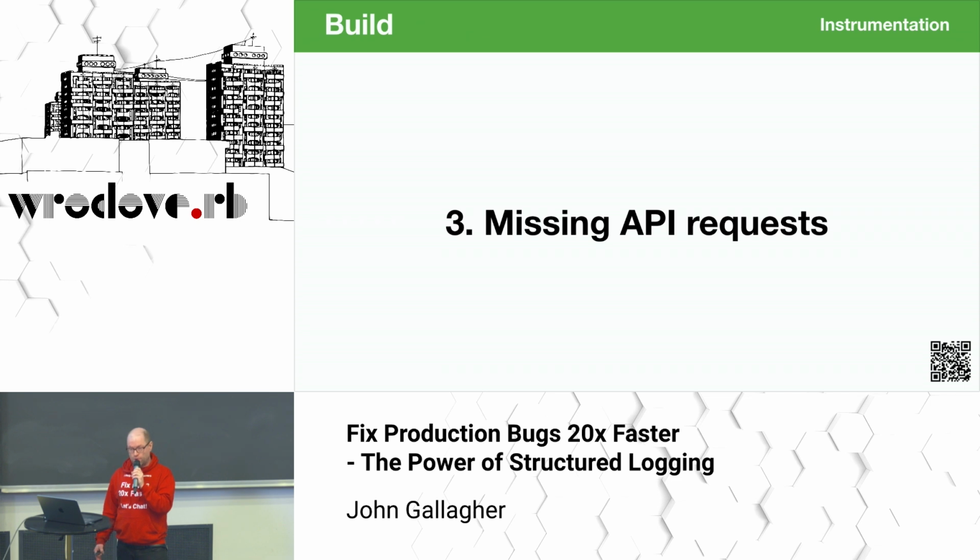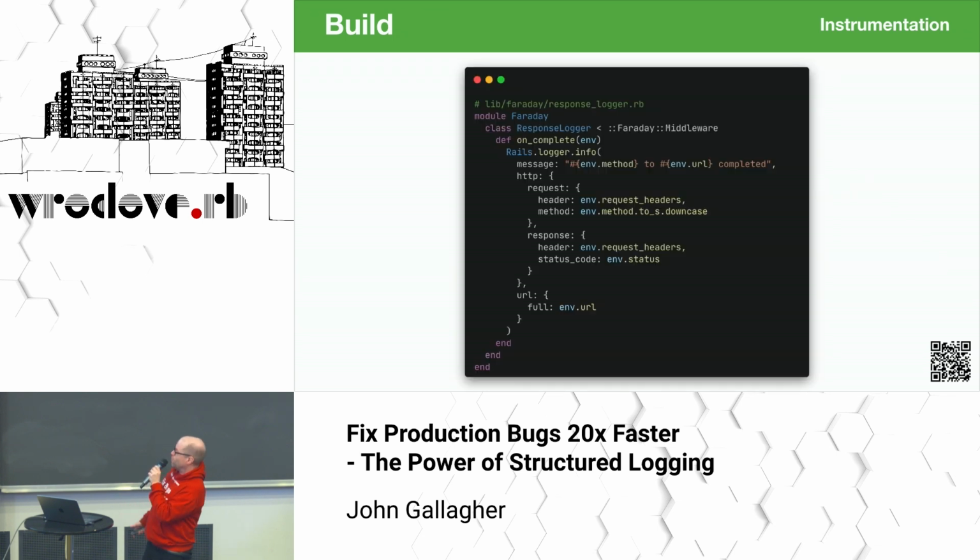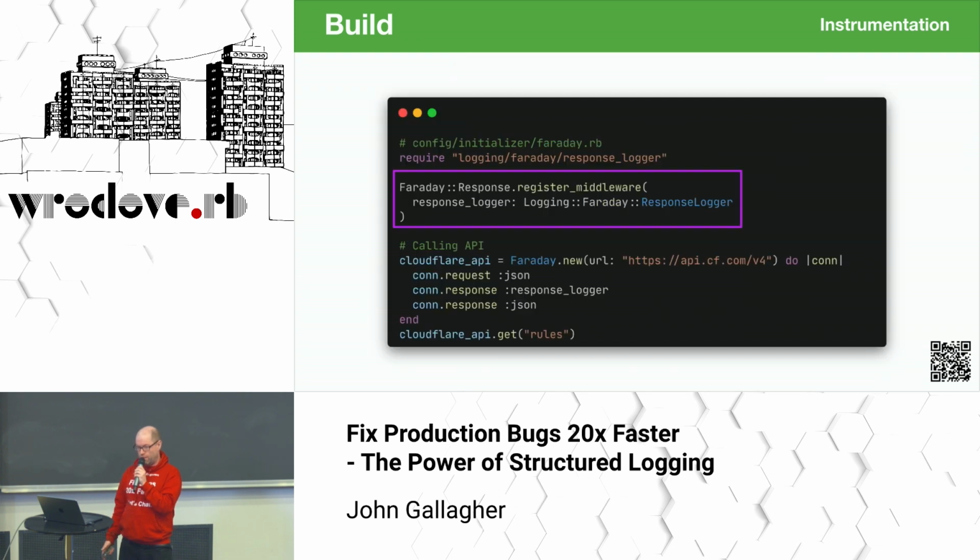The final thing I'm going to talk about is API requests are missing. So to simplify this, I'm going to assume you're all using Faraday, which, as we all know, is the best HTTP client, right? Yeah? Okay, good. Glad I've got you on board with that one. And we're going to define some middleware. That middleware essentially logs when a response comes back from any API request you make. It will log all these kind of attributes, the URL and the duration, all sorts of other useful things.